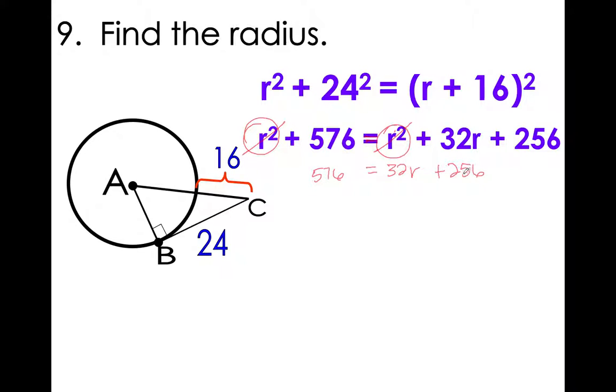The next step is to subtract 256 from both sides. And when I subtract 256 from both sides, notice what I get. I end up getting 320.